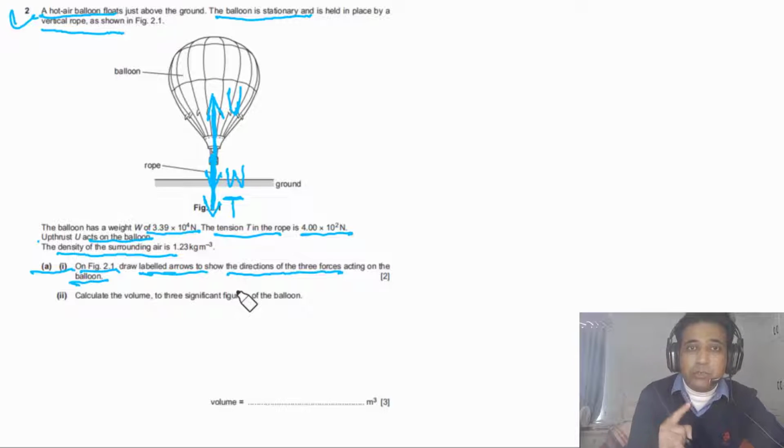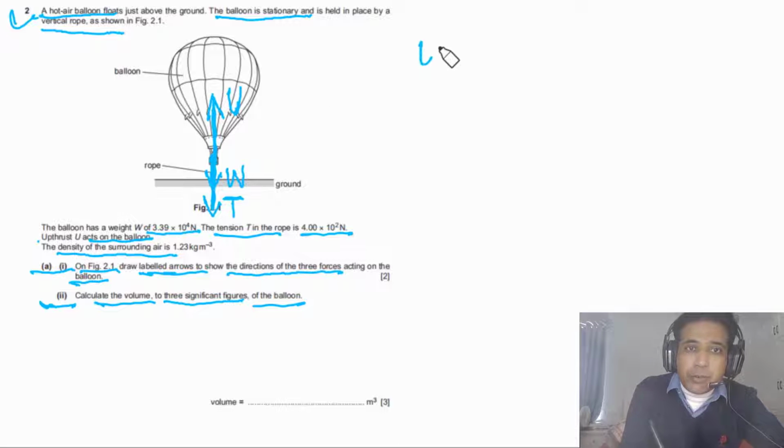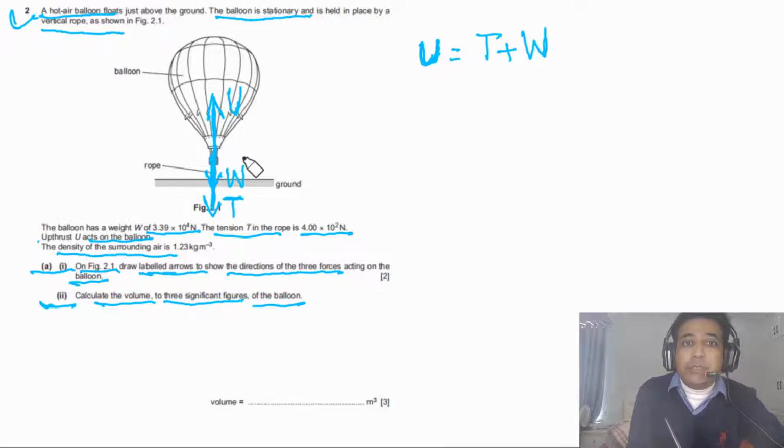Tension is down, tension is not up, because the rope is pulling the balloon downwards, so the tension is in the downward direction. Now for the second part, we need to calculate the volume of the balloon to three significant figures. So in this case, we can simply write that upthrust is equal to tension in the string plus weight of the balloon, because the mass of the string is negligible.